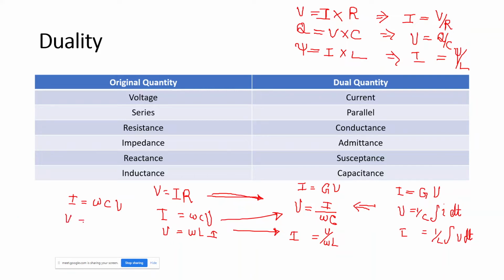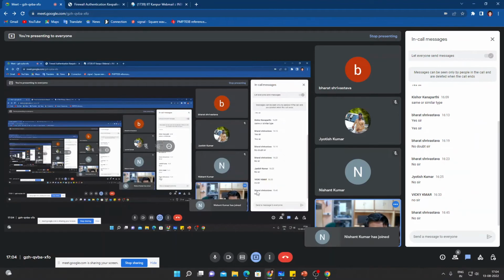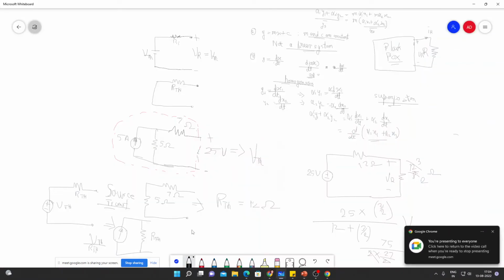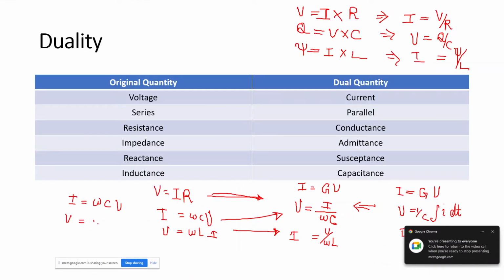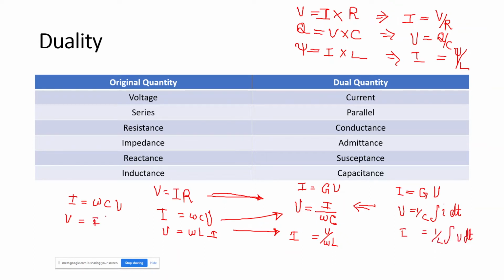I can write the dual network as V equals I by omega C. Now in the dual circuit, let's change it: V will be I, I will be V, and let the omega C be like that.